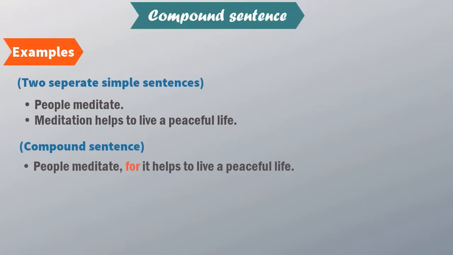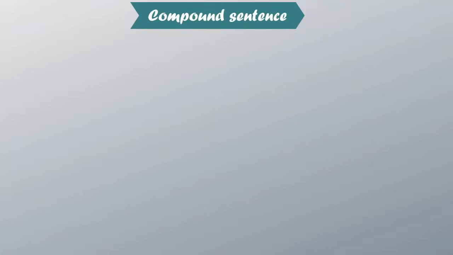These two sentences are related to each other, and that is exactly why we're adding them together, making a compound sentence. So to form a compound sentence, you need at least two independent clauses, two simple sentences, you can say. You can use more than two sentences, right? If you want to, you can do that.